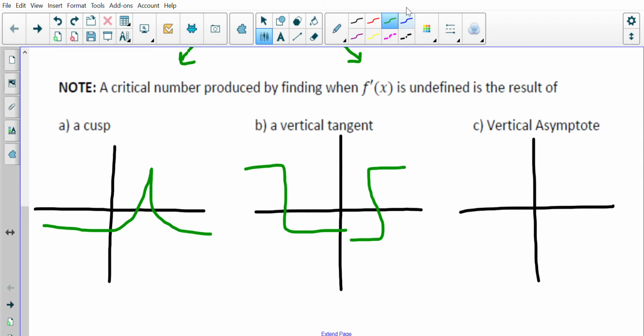And then lastly, something that we have talked about in advanced functions anyways, is you could have some vertical asymptote. And so your function would neither have a max or min at that vertical asymptote because, again, your function is undefined at that spot. So again, there's several different options of what could happen when your derivative is undefined.